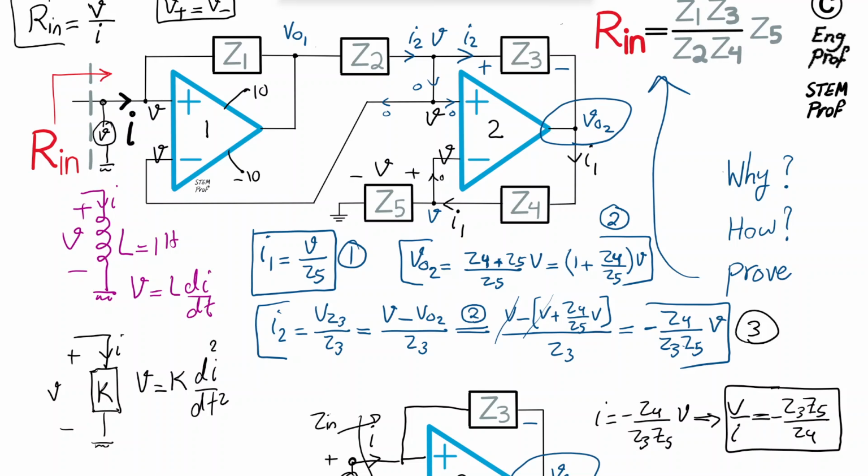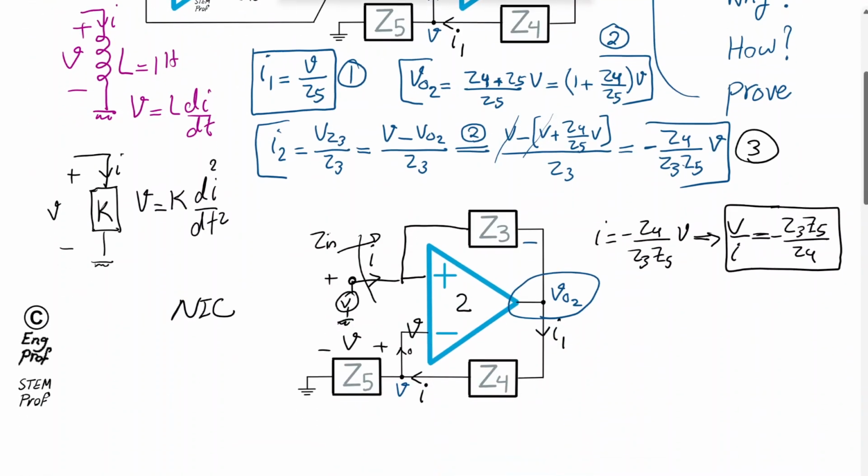So the voltage drop across Z2 is well known because obviously we have VO1 on one side and V on the other side. So all I need is then just finding the current I2, finding the voltage V out 1 by adding the voltage drop across Z2 and then to the voltage V on one side of Z2. So let's do that.